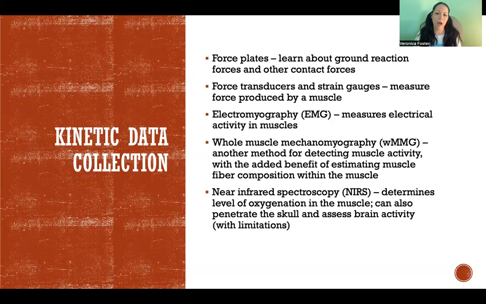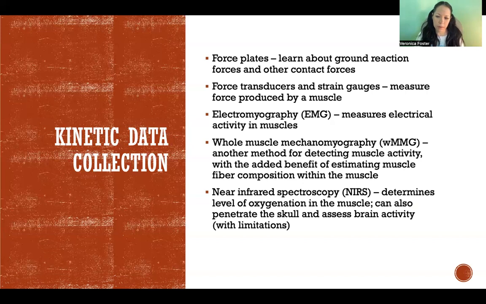It's looking at the entire muscle instead of just the local area right where that electrode is placed. And so it has additional benefits compared to EMG, where it's thought to be able to help estimate the muscle fiber composition within the muscle. So the proportion of type 1, type 2A, type 2B fibers within a muscle.